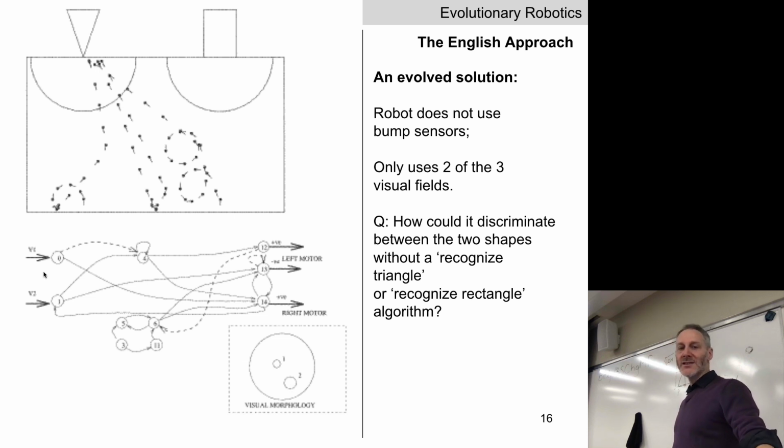It also says, I don't need the bump sensors because there's nothing for me to bump into. There's nothing underneath the table. So what happens is, although there are seven sensor neurons, only 2 of the 7 sensor neurons have synapses that connect from those sensor neurons eventually on to the 2 motors.